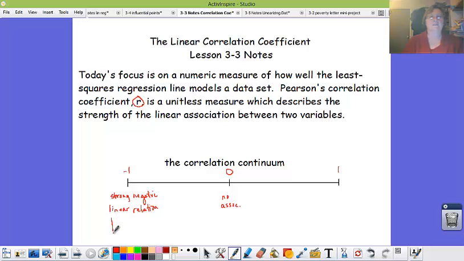So if we had a correlation coefficient that came out to be -1, folks, that would be a steadily decreasing line all the way down right in line, a strong negative linear relationship.